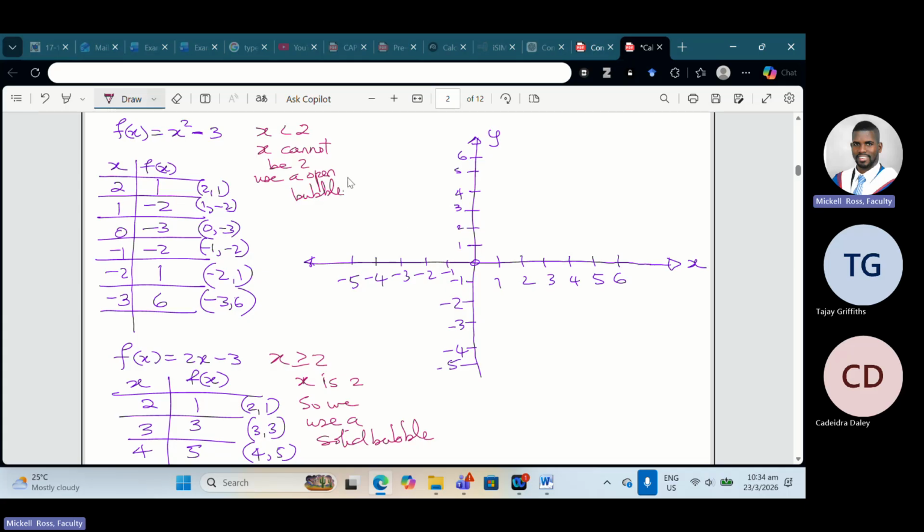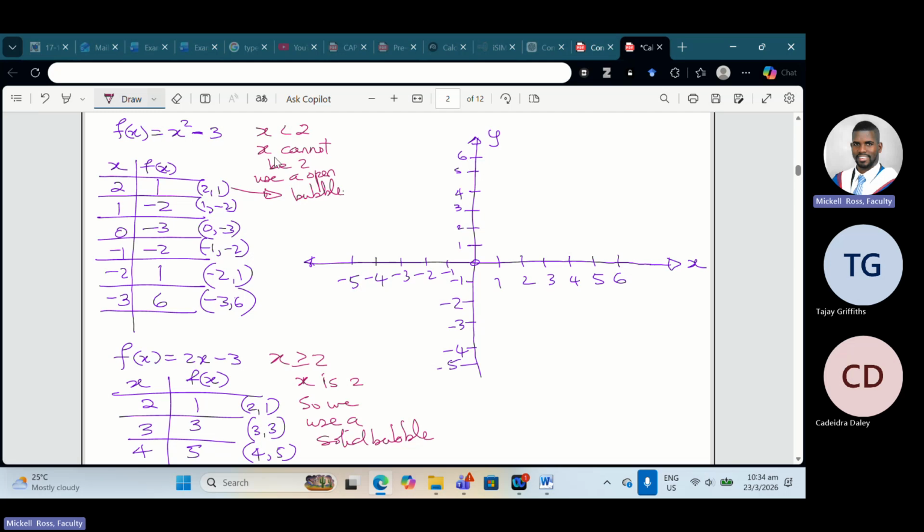X cannot be 2. You cannot be less than 2 and be 2 at the same time.